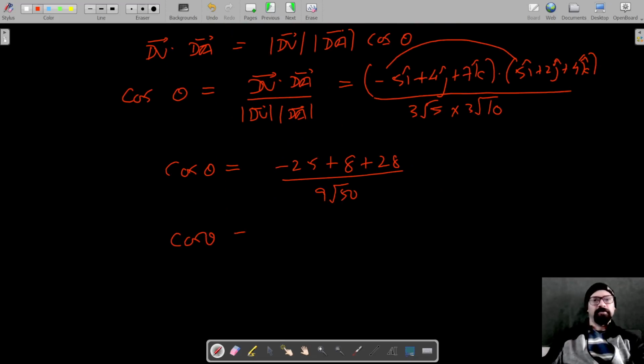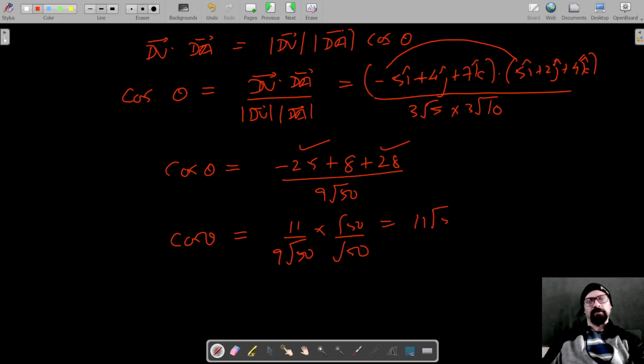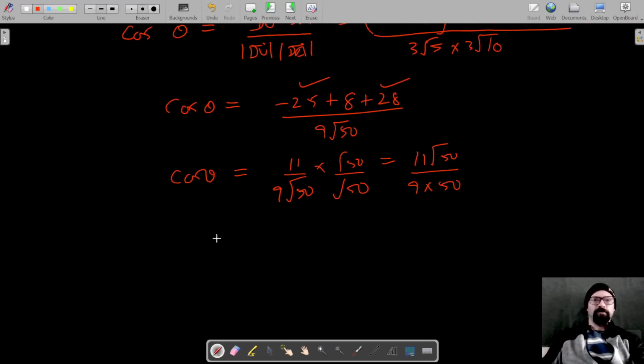Now negative 25 plus 8 plus 28 gives 11, so it is 11 by 9 root 50. We can rationalize this by root 50, which gives me 11 root 50 by 9 into 50, so cos theta is 11 root 50 by 450.